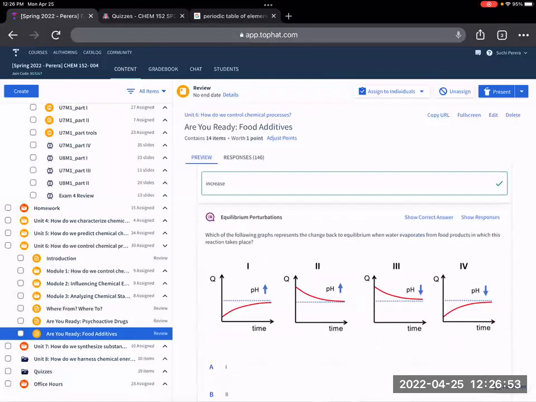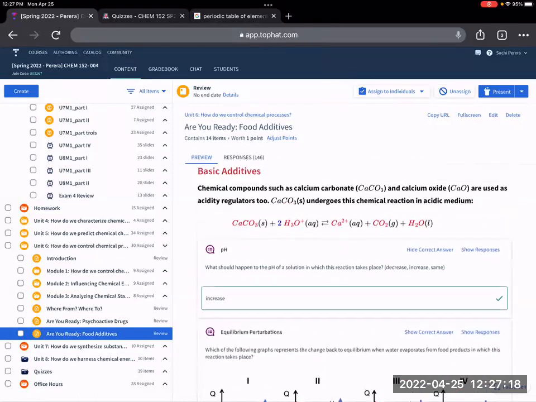Okay, so it has to be between 1 and 4, because we are going to increase the reactant concentrations more than the product concentrations. And then what is going to happen to the pH? Okay, so because of the evaporation, all the concentrations go up, including the H3O+ concentration.